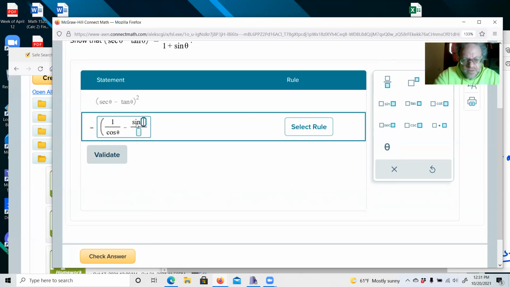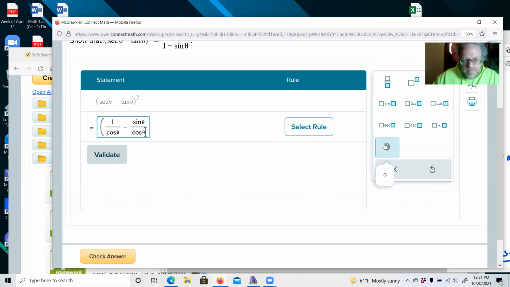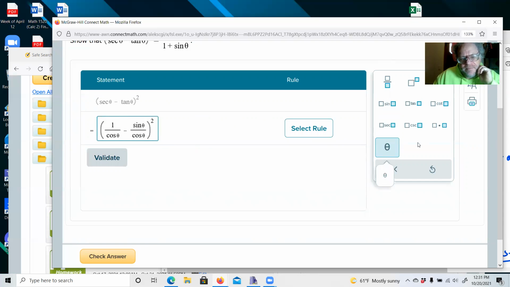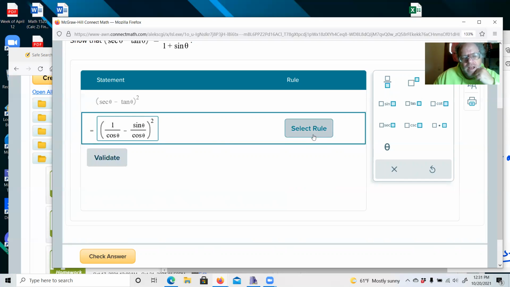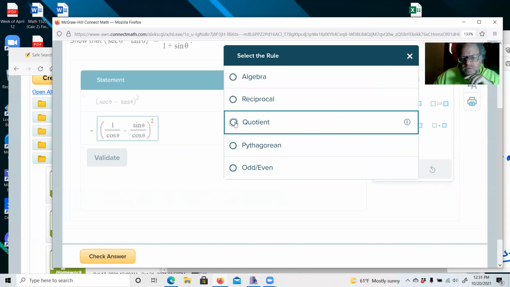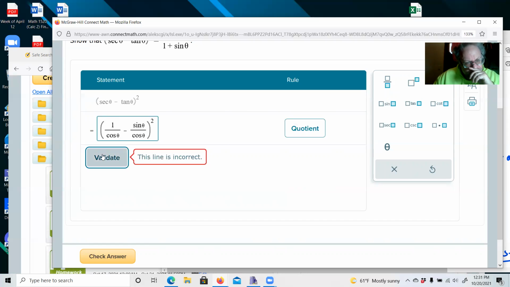Okay, so this is sine theta. This will be our last one. Over cosine squared theta. All right. Select rule. I think we used our quotient rule here. This line is incorrect.